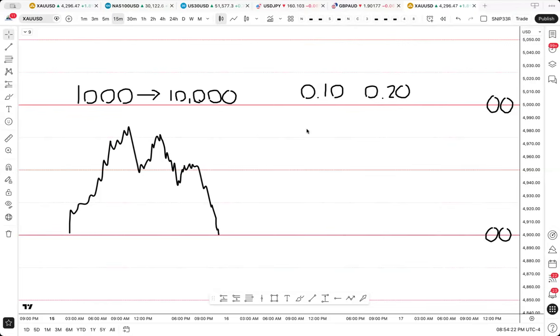Now, just to give some more examples, if you're trading a standard lot on a $1,000 box, that is going to be $2,500 for 1 quarter.